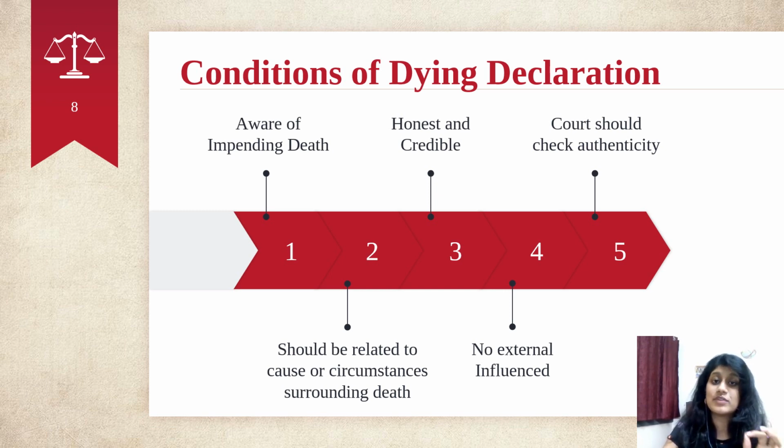The burden of proof is beyond all reasonable doubt. If even with the dying declaration there is some amount of doubt that it has been tampered with, then obviously it cannot be used as the authority or as the sole basis for the conviction. So these last 2 points, so there should be no external influence and that the court should check the authenticity of the statement, they've been added in the case of Malela Shamsundar versus State of Andhra Pradesh.